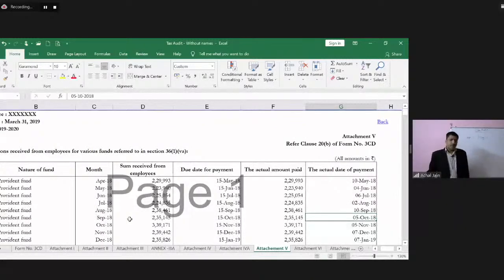Now, in respect of such amounts which are paid beyond the due date, interest and penalties at times are required to be paid by the company. So if there are any delays, such interest or penalties would definitely be captured in the P&L, or should have been captured in the P&L.